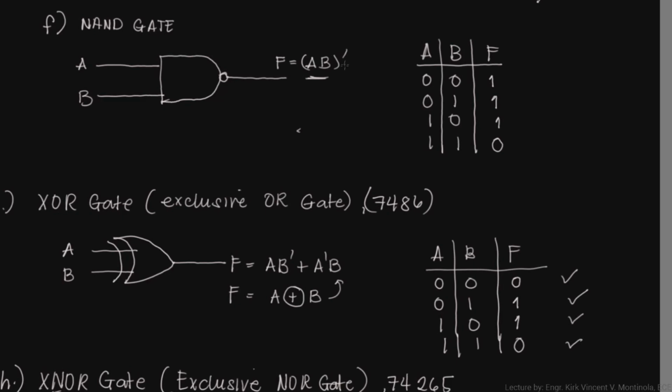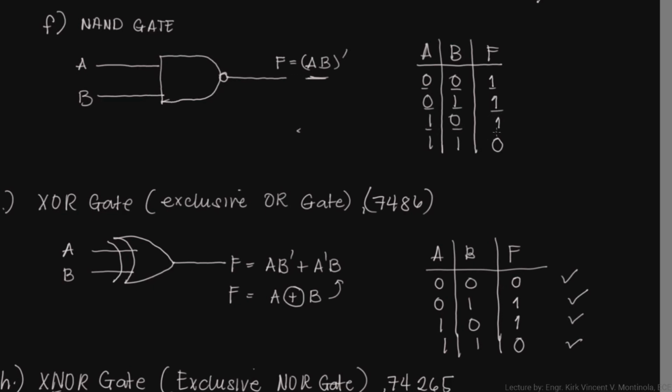Okay, if we plot its truth table between inputs A and B and then output F, you will observe that 0 times 0 becomes 0. But we complement its output, so that's why it becomes 1. Then 0 times 1 is 0, complement, that is 1. Okay, and then 1 times 0 is 0.